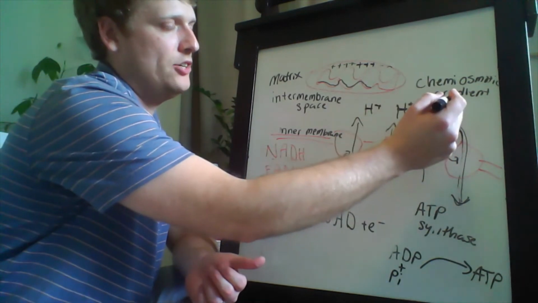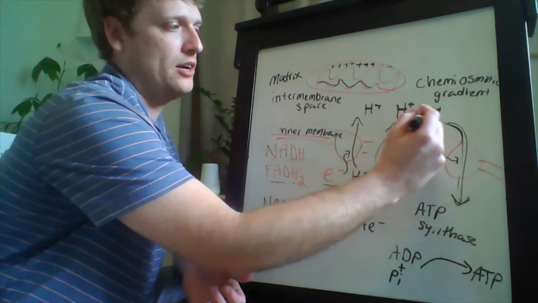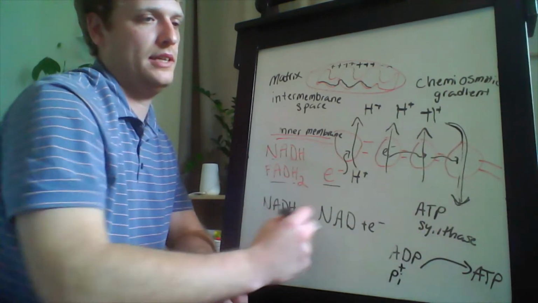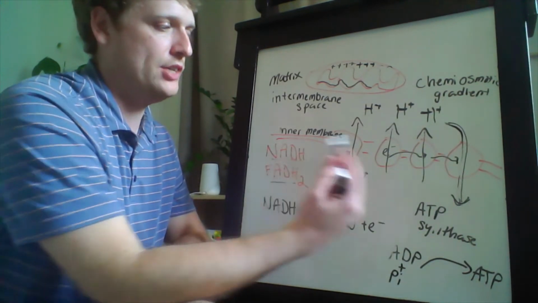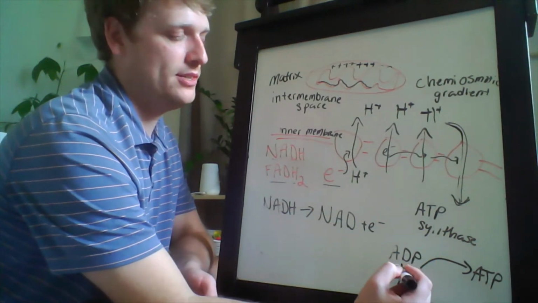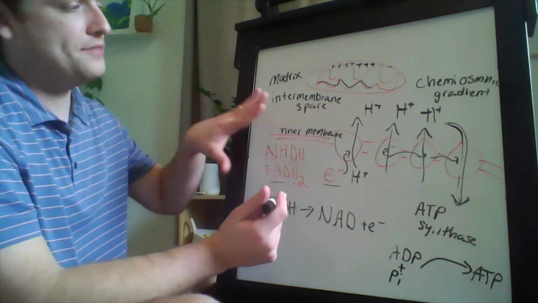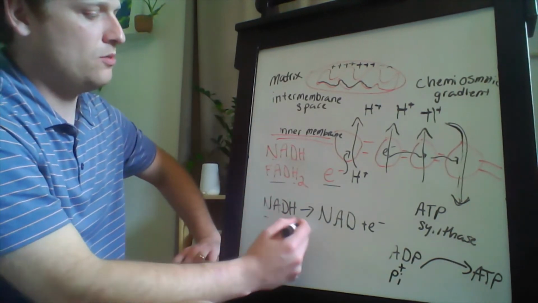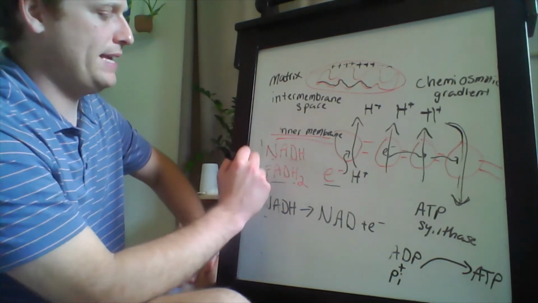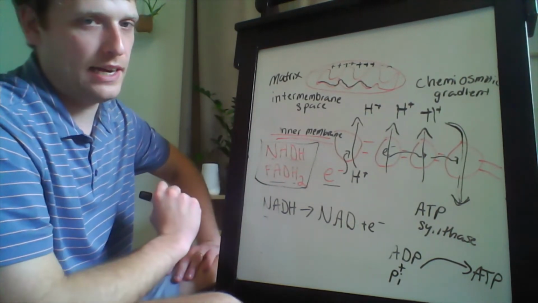And when that potential energy is turned into kinetic energy, as hydrogen ions move through to the other side of this membrane, they turn a turbine, and that turbine uses that energy to make ATP. So I've skipped the process of how we go about making these reduced coenzymes. We'll talk about that in just a second.